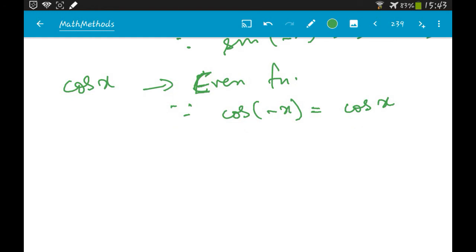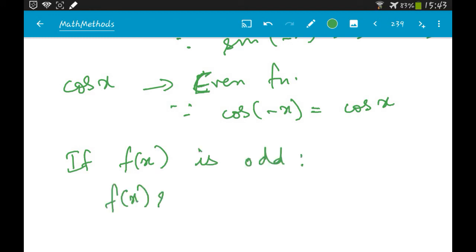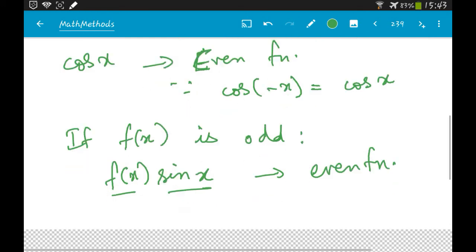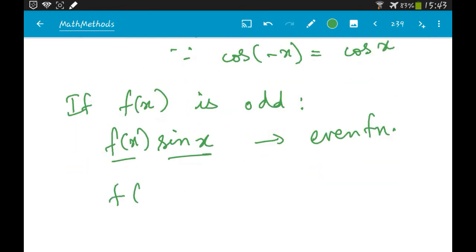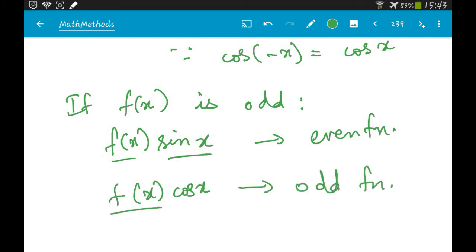Now if f of x is odd, then f of x sine x becomes an even function, right, because this is odd and odd, so multiplying two odd functions you get an even function. And f of x cos x remains an odd function, because you are multiplying odd and even together.